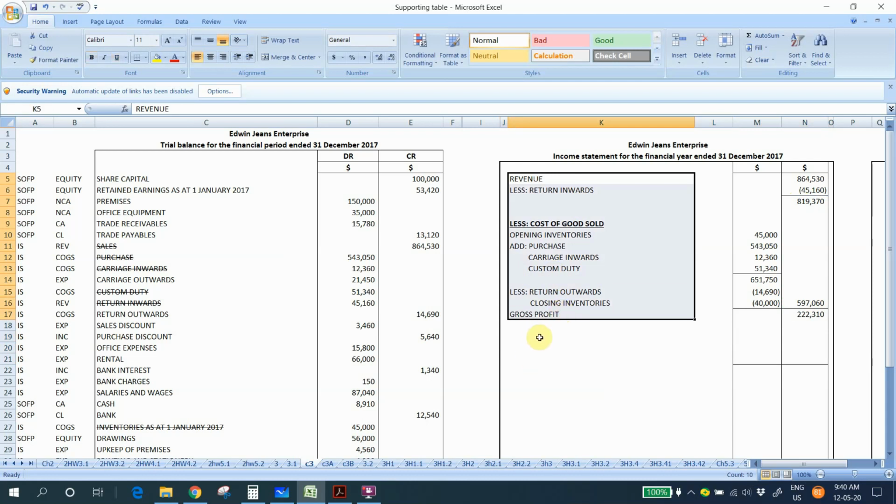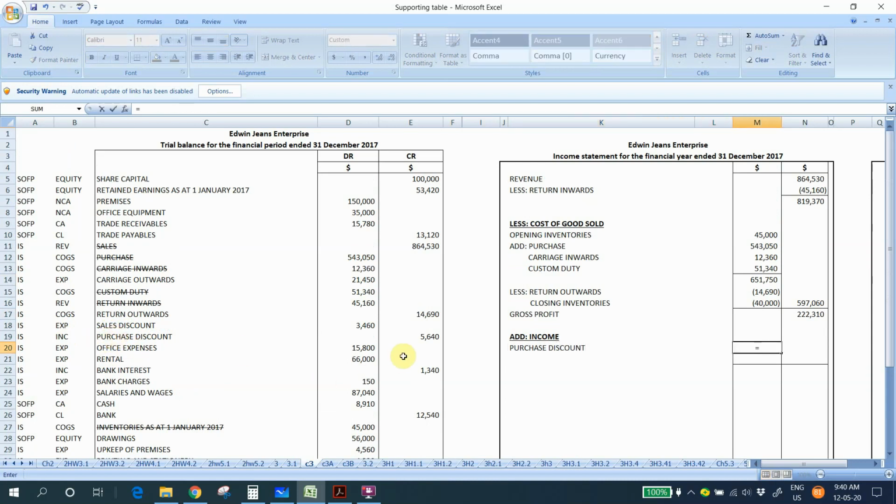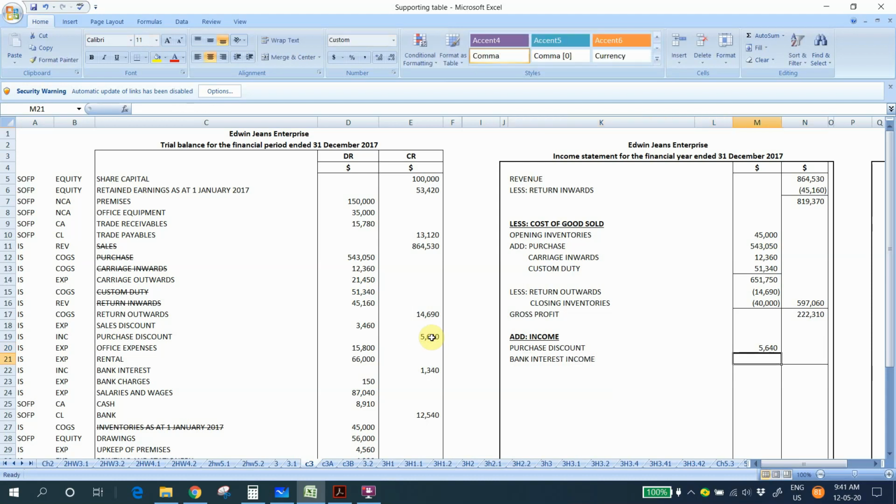After that, we list down the income and expenses of the company. So for income, we need to add the income. This company has two incomes, which are purchase discount, 5,640, and bank interest income, which is 1,340.